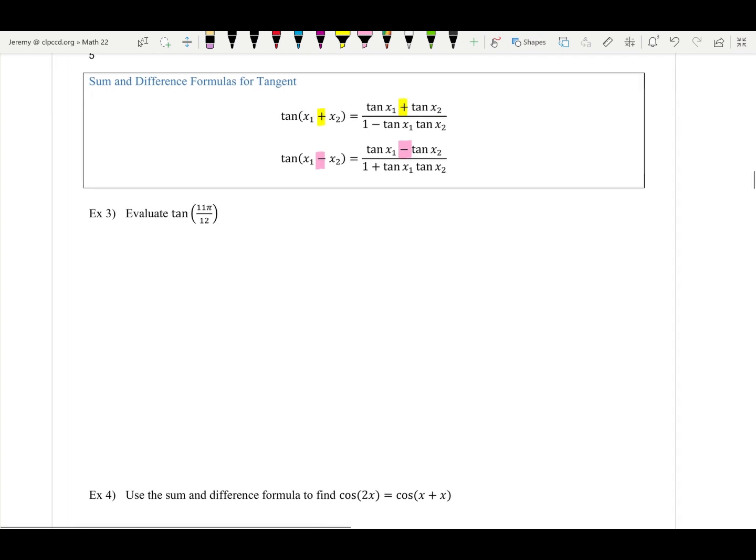So initially, to orient myself, 11 pi over 12 in the unit circle is over here somewhere. It's over there in the second quadrant.